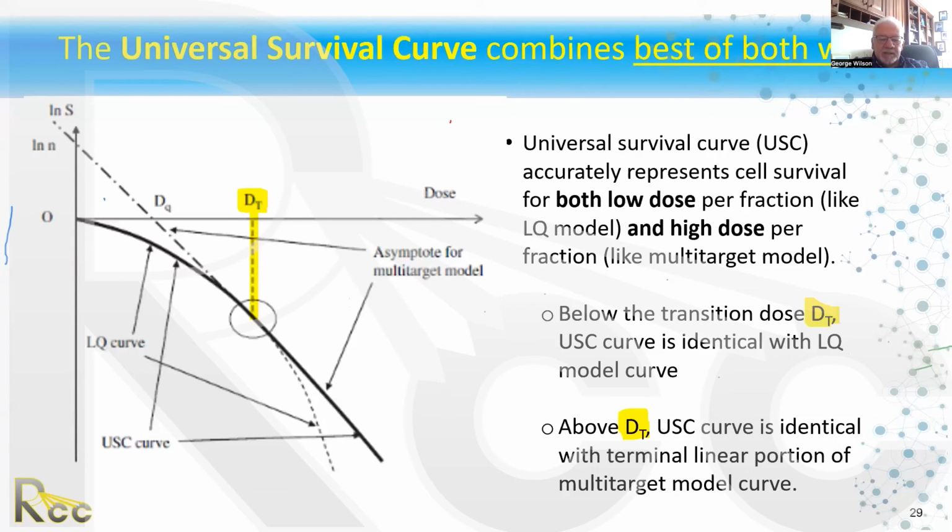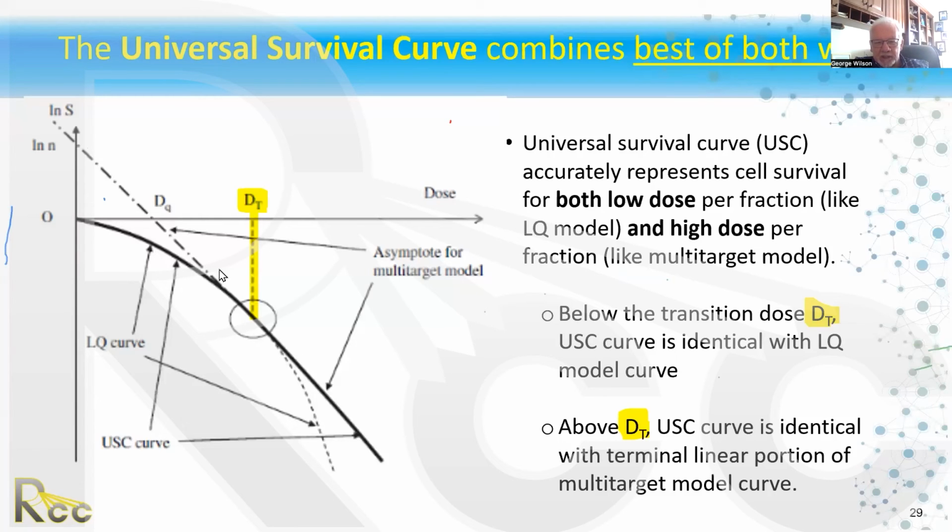And so this is basically the cartoon showing you the universal survival curve. The critical thing here is a transition dose. And this transition dose is actually an asymptote of projecting this final dose response line back to the axis here, wherever this crosses the actual survival curve.